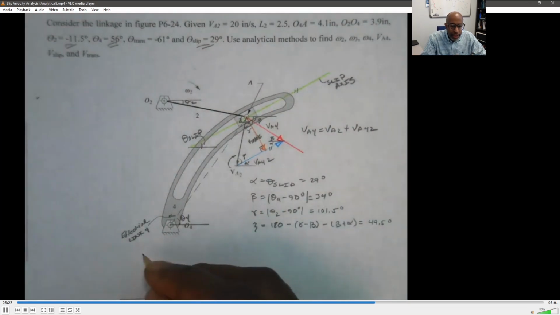And we can proceed with sine law because we also know one of the sides, and the side that we know is VA2. So VA2 is equal to 20 inches per second, and VA2 is opposite of beta plus alpha.